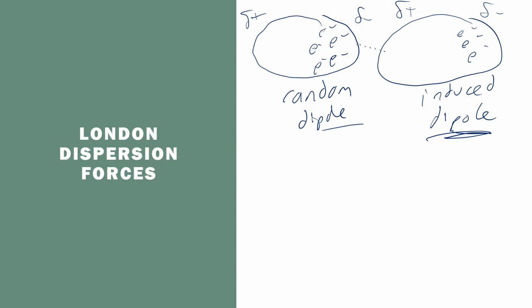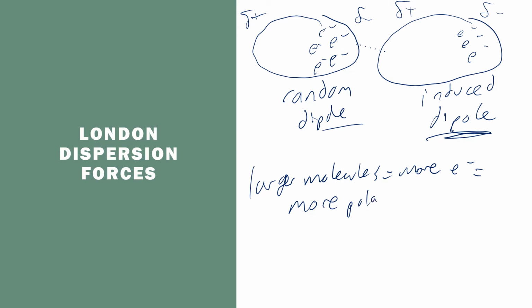We call that polarizability. Larger molecules have more electrons, and so they are more polarizable. If it's more polarizable, then it's more likely to form those random dipole moments and then induced dipole moments, so it will have stronger London dispersion forces.